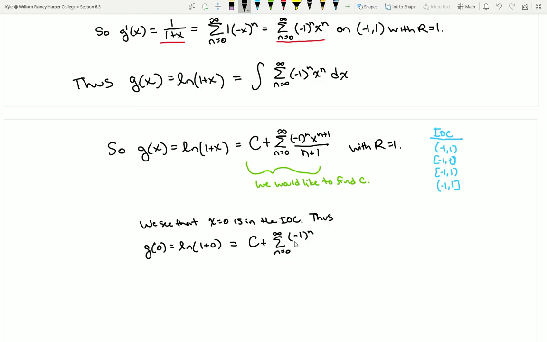So that gives me negative 1 to the n, times 0 to the n plus 1, over n plus 1. Now if I simplify this down, natural log of 1 is really just 0. On the other side I have c plus the sum of really just 0s, and if I add up 0 a bunch of times, I just get 0. So of course c is the value 0.